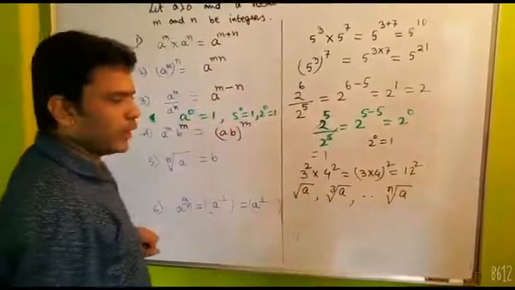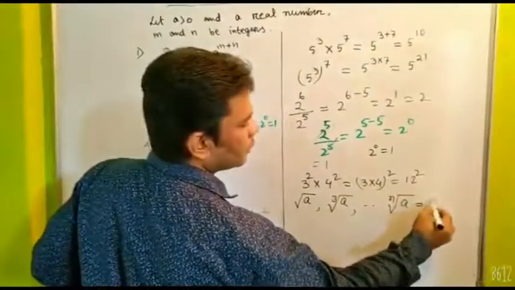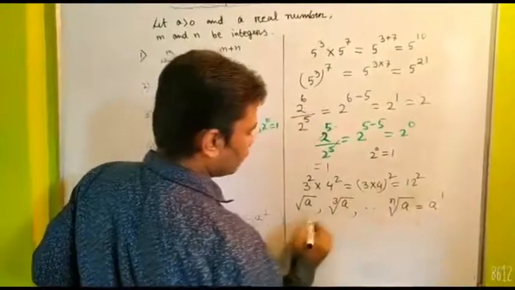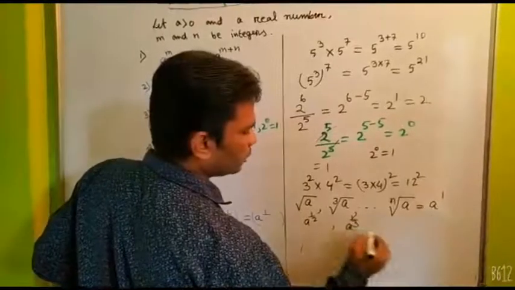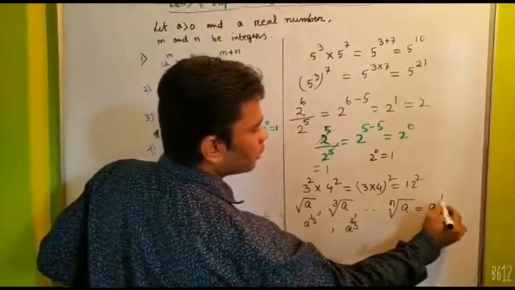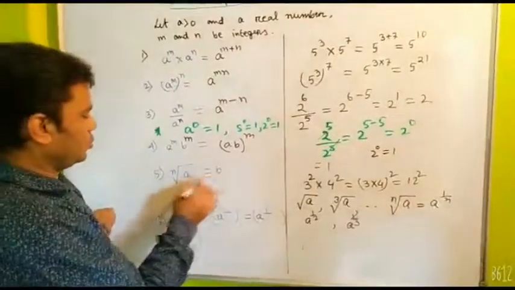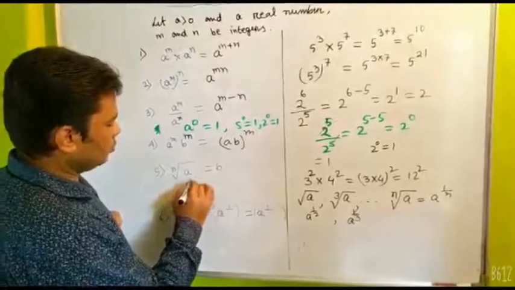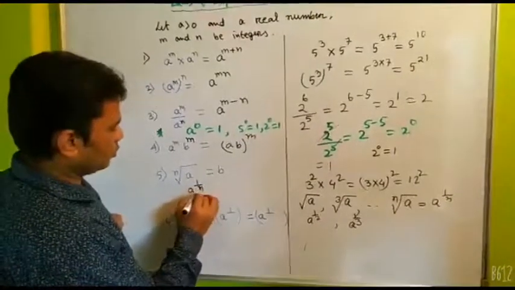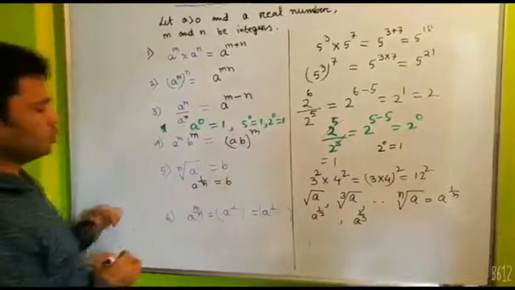The nth root of a is equal to a to the power 1 by n. Here we can write a to the power 1 by 2, this one a to the power 1 by 3, and this one is equal to a to the power 1 by n. Okay. So if this one is equal to b, then a to the power 1 upon n is equal to b.